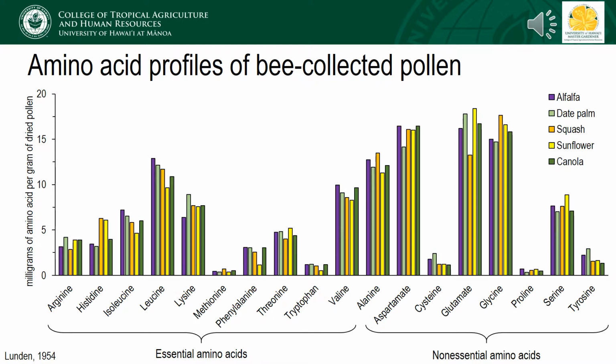Note that sunflower, represented by the yellow bar, had particularly low concentrations of phenylalanine compared to pollens from the other species. Phenylalanine is an essential amino acid for honeybees, so if colonies were located in an area dominated by this type of sunflower, they may have nutritional difficulties without access to more diverse forage.